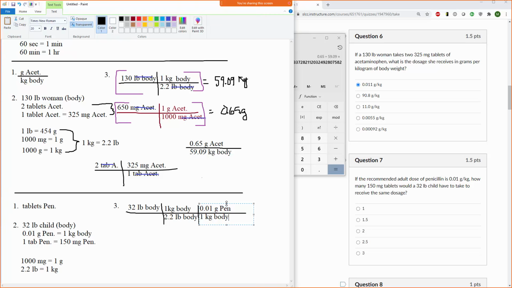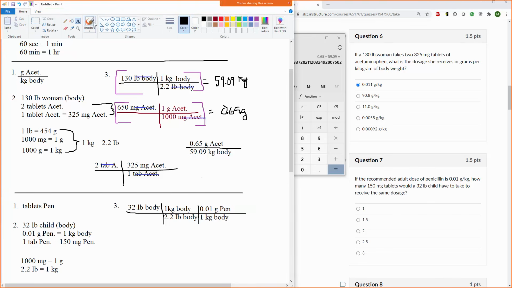This is a convenient place to put that because, as we noticed, here are my pounds of body cancel. And here, if this is my adult dose, my kilograms of body will cancel. So it's convenient to continue from there. But you could have easily started from here, as David notes, and then moved away from that using these mass conversions. Again, so long as you end up with the right units in the right place, then you're totally fine. There's not like a right or a wrong way to do it.